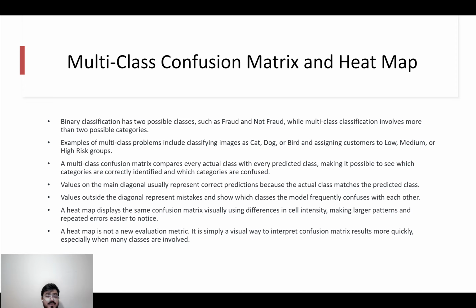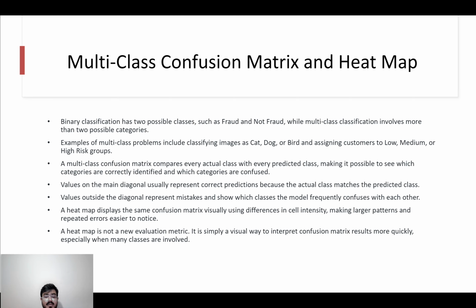Cells with large values usually appear darker, making it much easier to identify patterns and common prediction errors. Instead of reading every number individually, we can quickly recognize where the model performs well and where it frequently makes mistakes. Whether we use a table or a heat map, the goal remains the same: to better understand the model's behavior and identify areas where it can be improved.